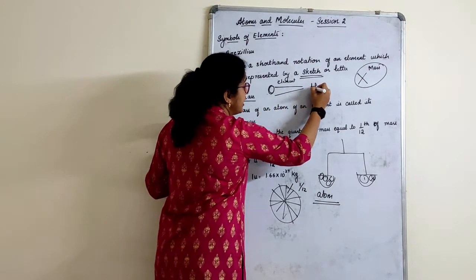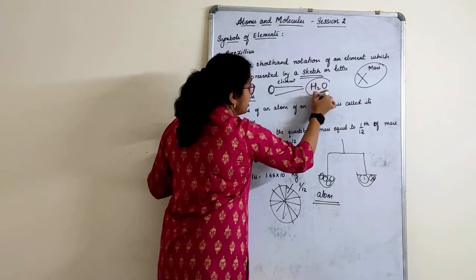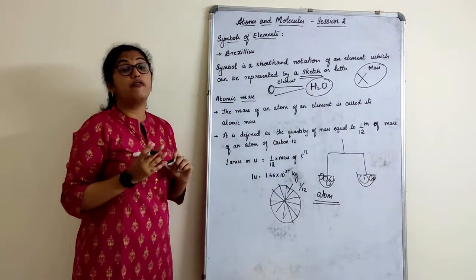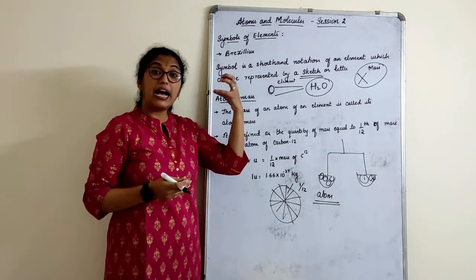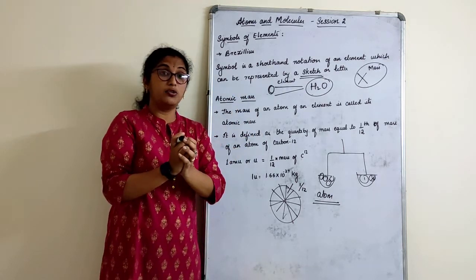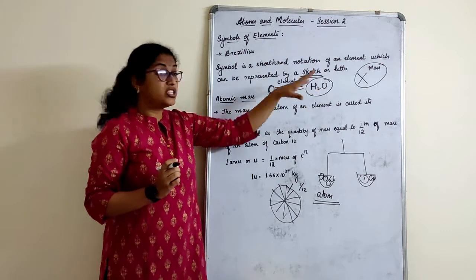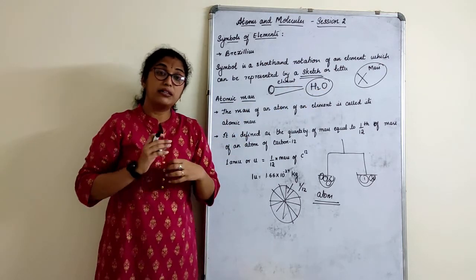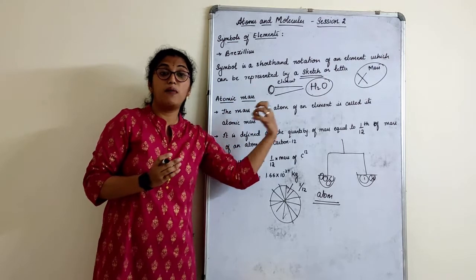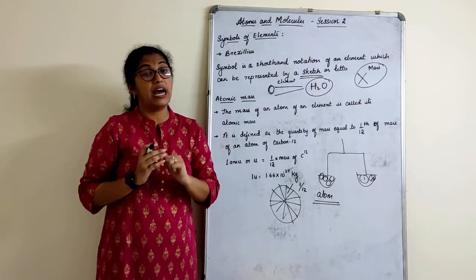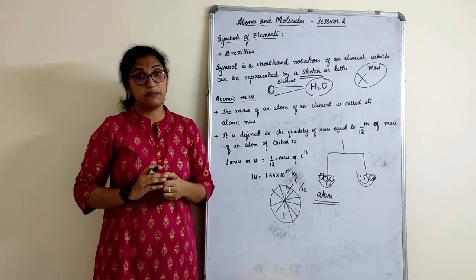I combine hydrogen and I combine oxygen and I form a water molecule. So these atoms are combining together to form a water molecule, which is nothing but a compound, children. But how is this formed? It is formed by the combination of the atoms. Let's understand that a bit in detail.